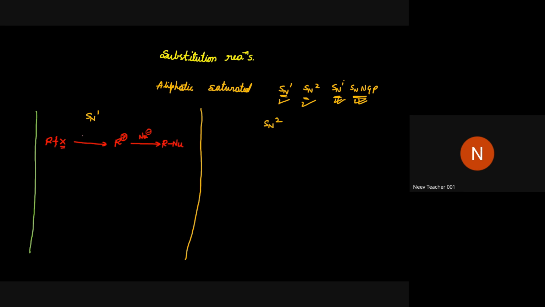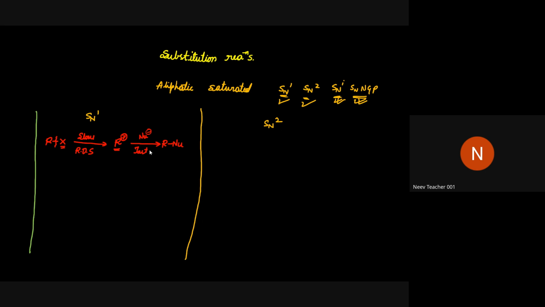Among the two steps, the first step is a slow step, and we know that the slow step itself is the rate determining step of that reaction. Since this carbocation is an unstable species, the attack of the nucleophile is quite fast. So the second step is the fast step. The reaction proceeds through two steps.